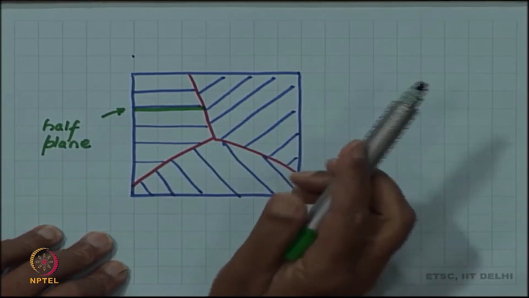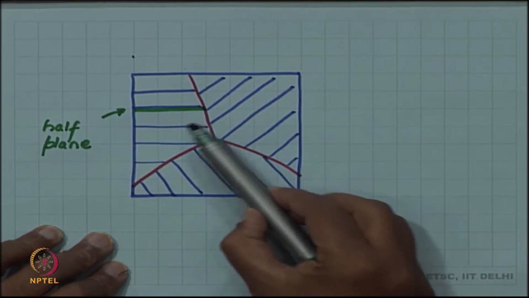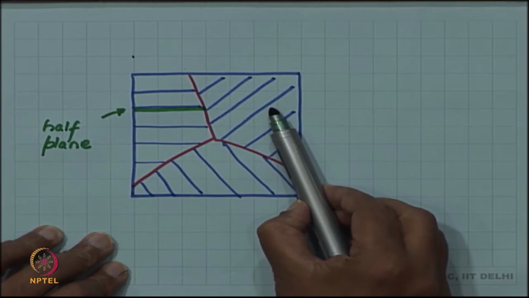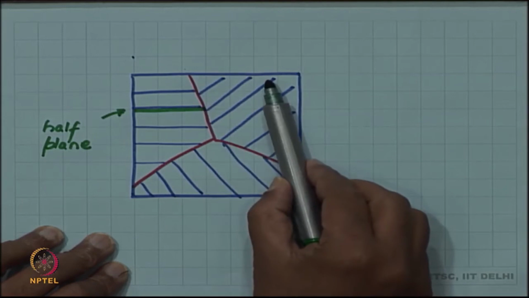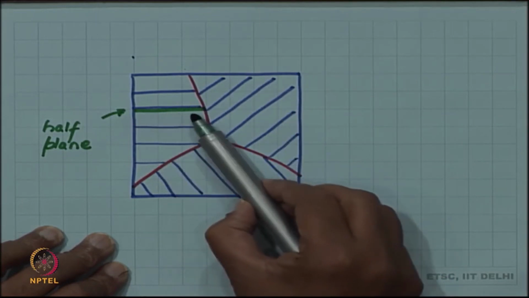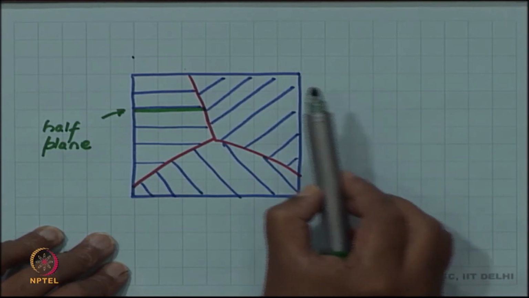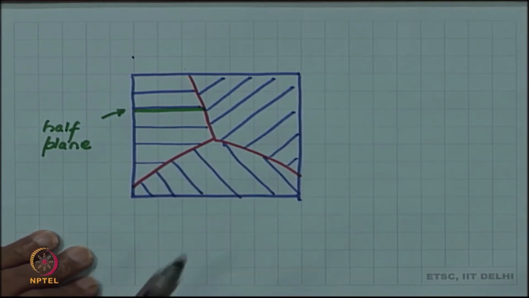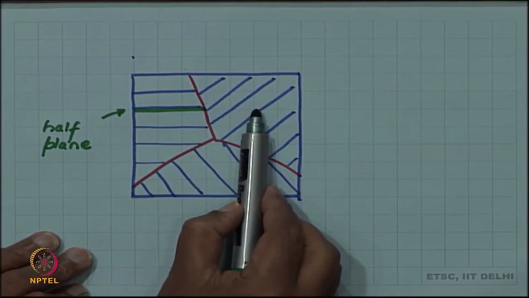Now, since across the grain boundary the crystal orientation changes, these planes do not continue across the grain boundary, and that is why the half plane also cannot continue across the grain boundary. And so, the dislocation line, which is the bottom edge of this half plane, also cannot cross the grain boundary.